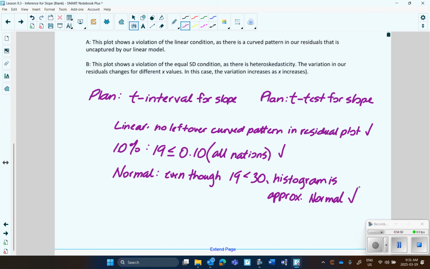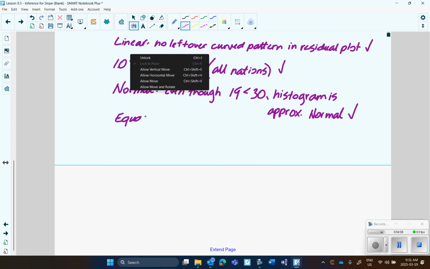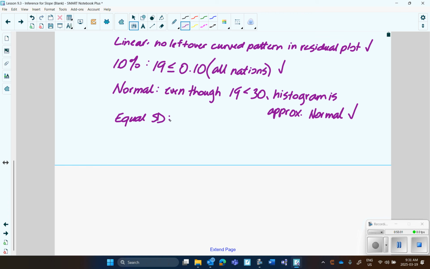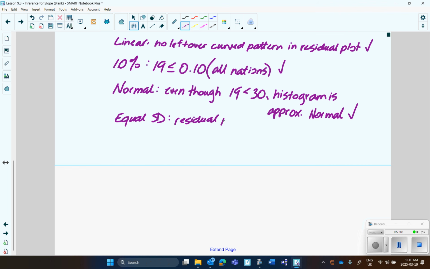Met. Equal standard deviation: the residual plot shows similar scatter as x increases, not widening or narrowing.